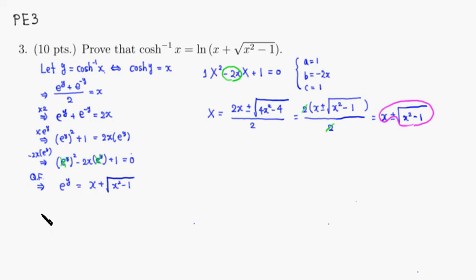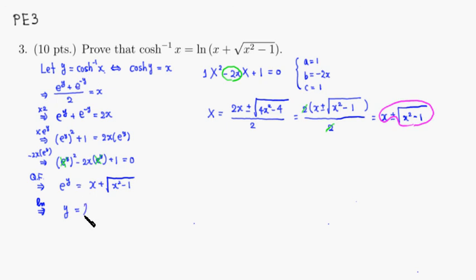After that, you just need to take the natural log of both sides. Since natural log and e exponential functions are inverses of each other, the natural log of e to the y is just y, which is what we're looking for. Remember that y is inverse hyperbolic cosine of x.